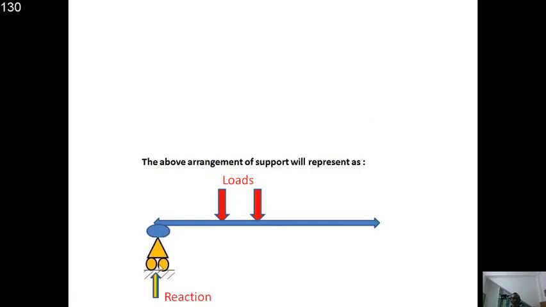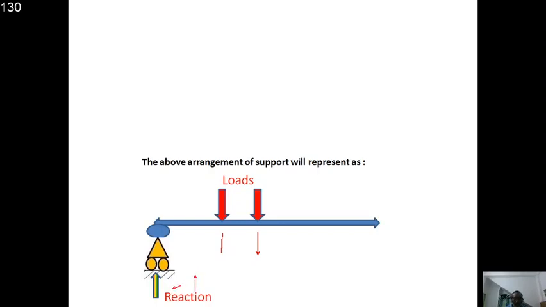If this is the roller, it offers resistance in the perpendicular direction only. These loads are acting downward, right? Hence, you require a reaction in the upward direction.